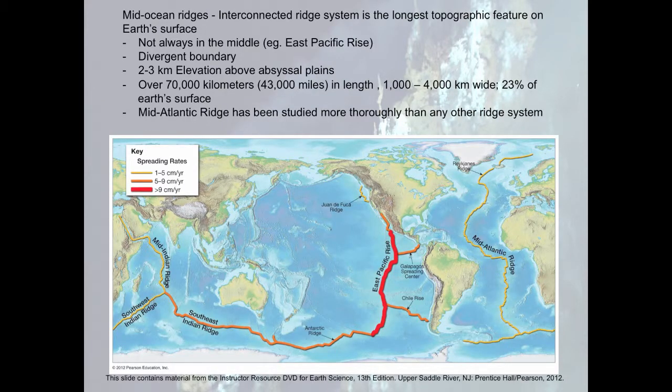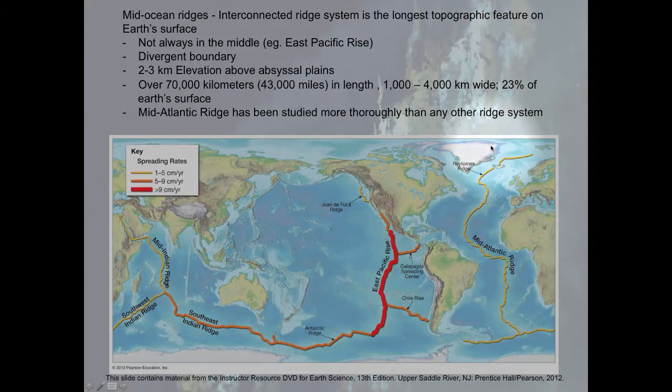The third area of ocean basin geometry that we'll talk about are the mid-ocean ridges. The mid-ocean ridge system is actually an interconnected system of divergent plate boundaries. It's the longest topographic feature on the Earth's surface. They're not always in the middle of the ocean. The Mid-Atlantic Ridge clearly is right in the middle, but ridges such as the East Pacific Rise really don't bisect the Pacific Ocean.